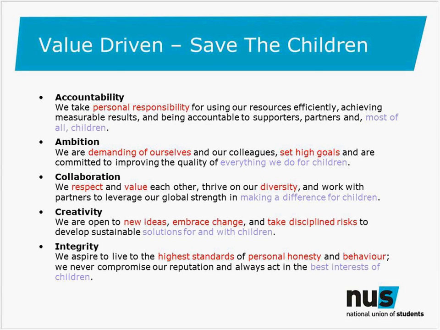So, we're going to do this, but most of all, children. Everything we do for children, making a difference for children, solutions for and with children, and the interests of children. So that's a really clever way of taking values, doubling down on values, but then also thinking back to beneficiaries.